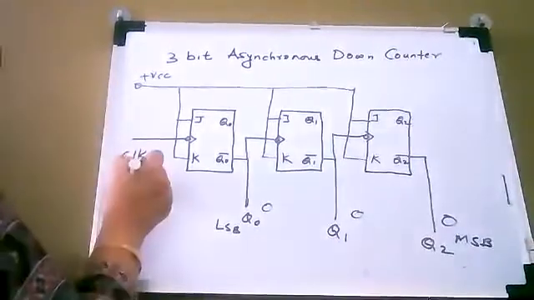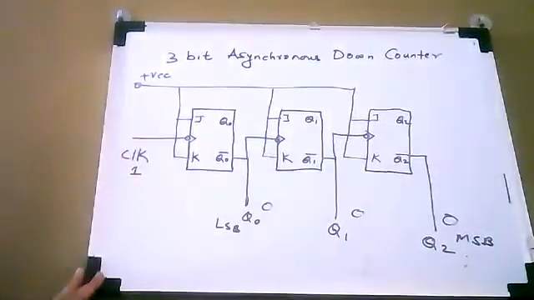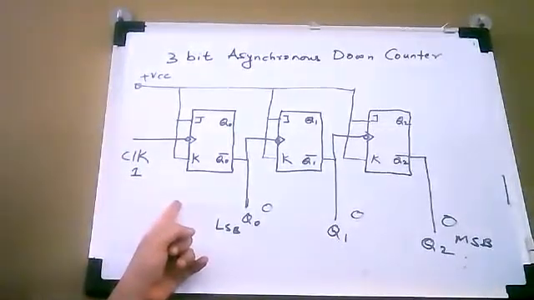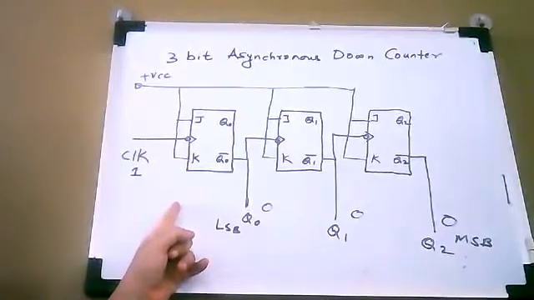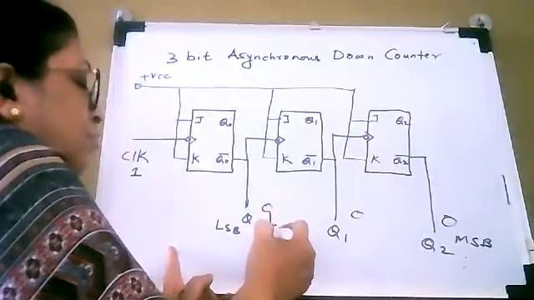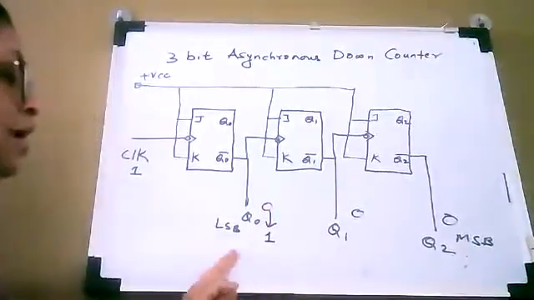and if you apply the first clock pulse here, then what will happen? So the first flip-flop is going to toggle, and it is going to toggle from 0 to 1.